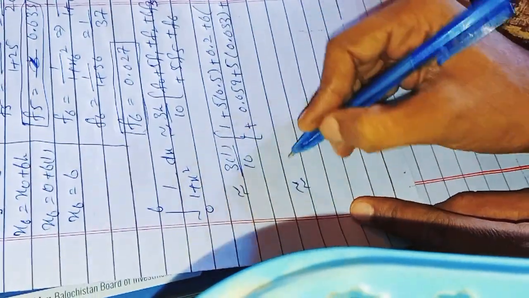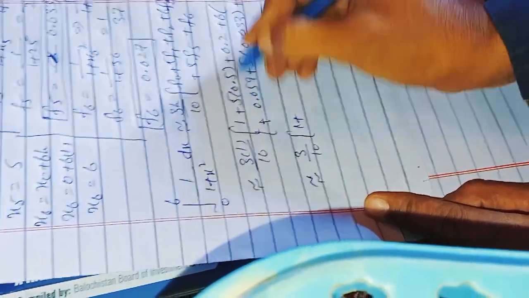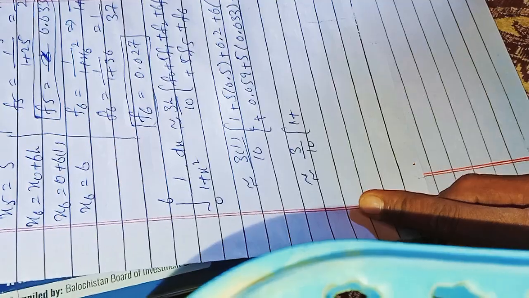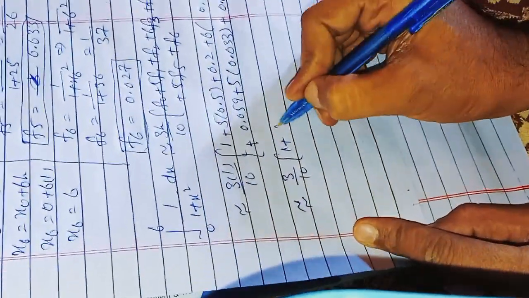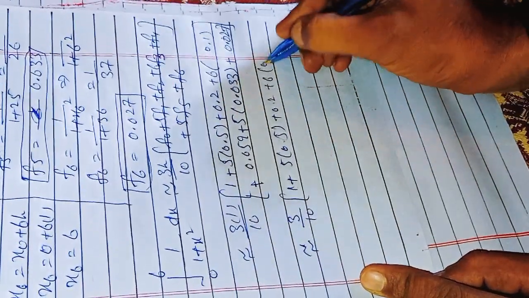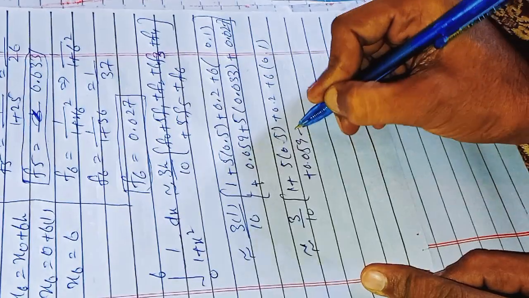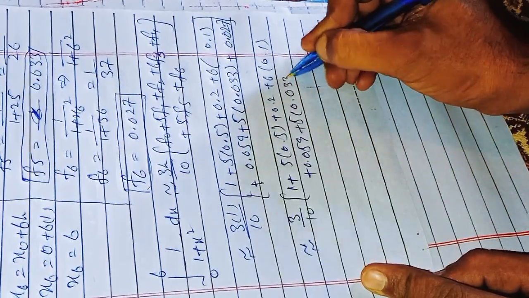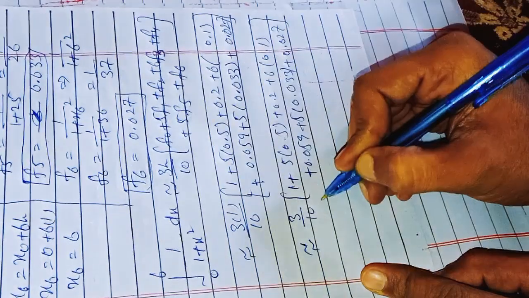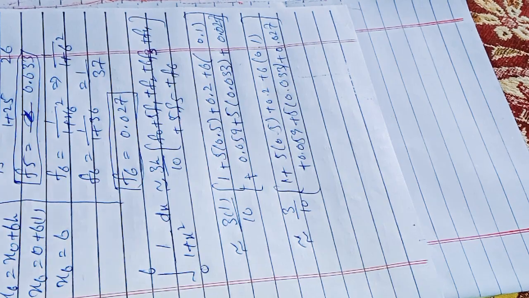Now further we do the calculation. 3 into 1, 3 upon 10, and then multiply and add the terms: 0.1 plus 0.059 plus 5 times 0.033 plus 0.027. This is so easy, you can do it with the help of a calculator.